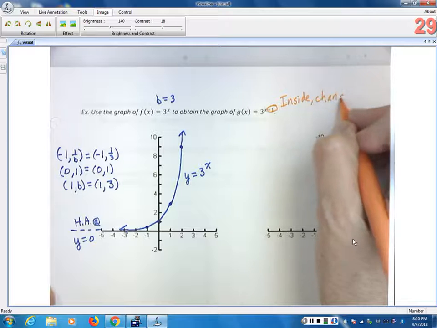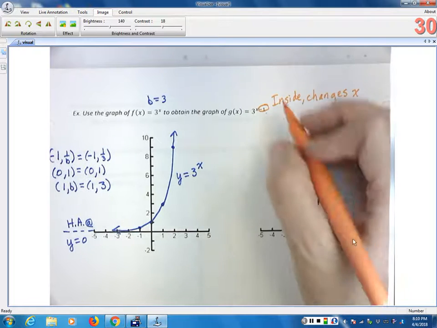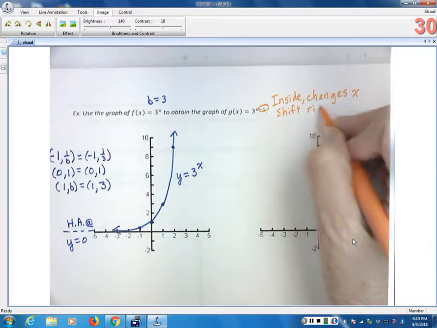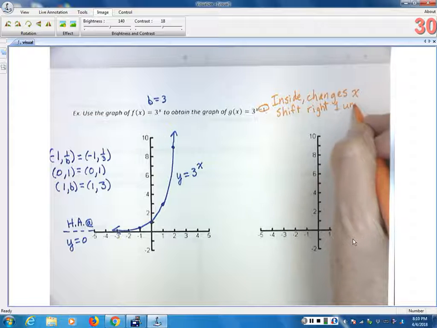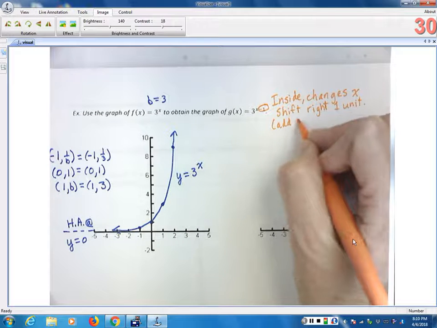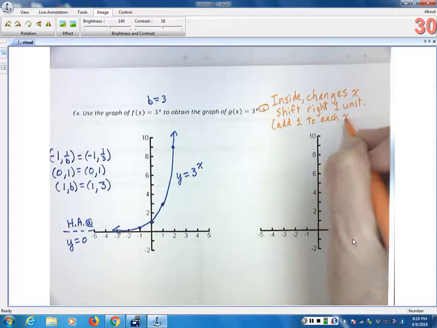So it's a shift right 1 unit, or we can add 1 to each x coordinate.